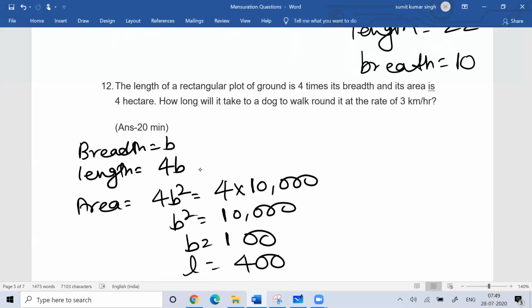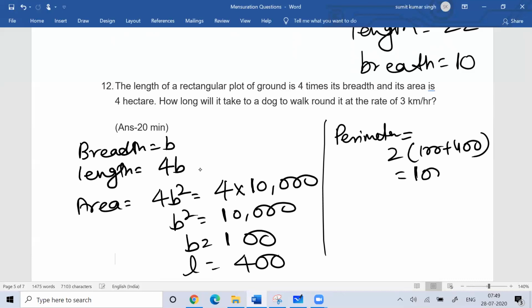Okay. So how long will it take for the dog to walk at the rate of 3 kilometers per hour? So you got the length, you got the breadth, so I can find the perimeter. Perimeter of the rectangle would be 2 into 100 plus 400. I got the perimeter as 1000 meter or 1 kilometer.